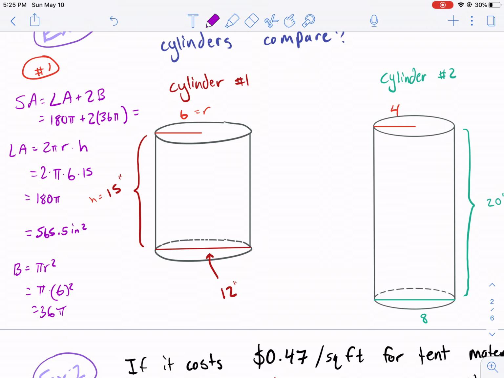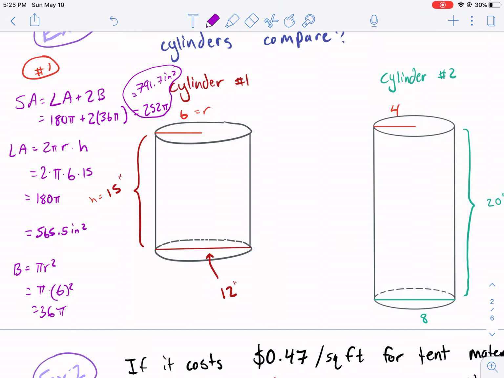So we get 252 pi. Decimal form, 252 pi is 791.7 inches squared.